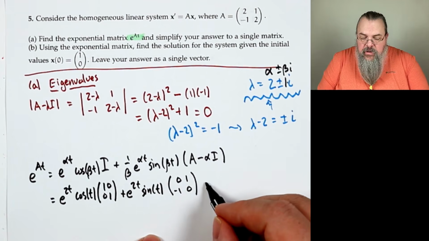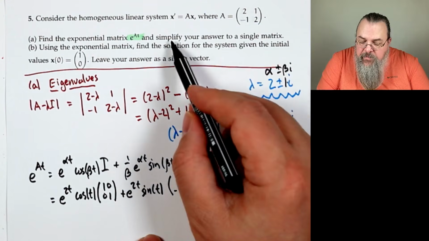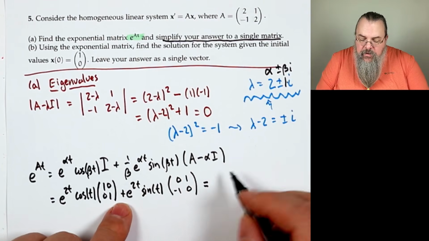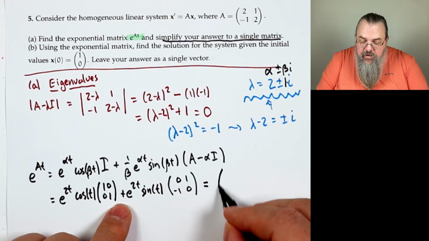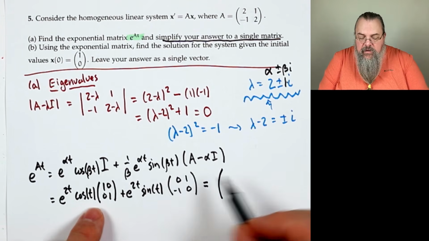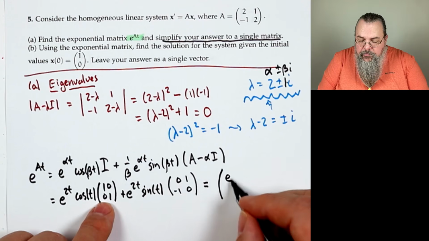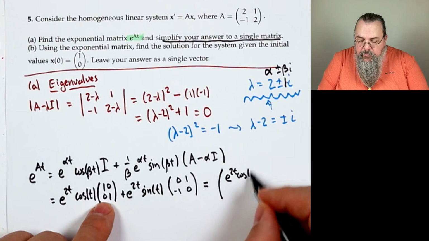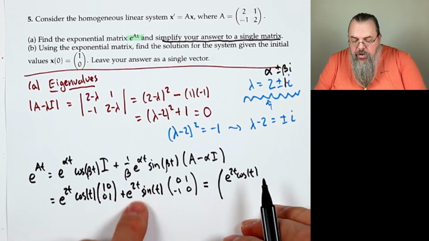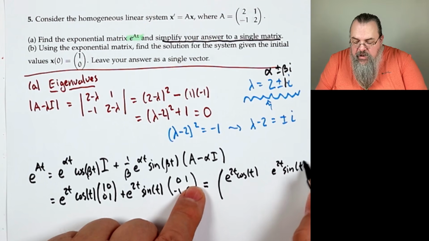In particular, it doesn't say that we have to put it together, but it does say to simplify your answer to a single matrix. So we do have to put it together. For our single matrix, you distribute in and then you add. So here you'd have e to the 2t cosine t plus 0. Then you'd have a 0 plus an e to the 2t sine of t.